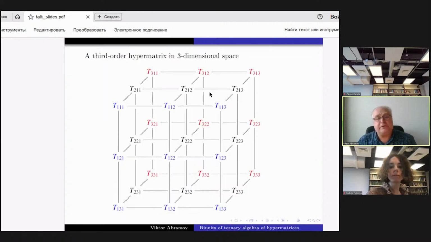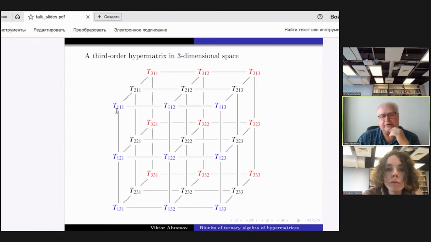So now about this hypermatrix. This is technical. I put the entries of this hypermatrix like this. Here in blue I have the entries with the first index subscript 1, then the second, black, with first subscript 2, and the third, red, with first subscript 3.